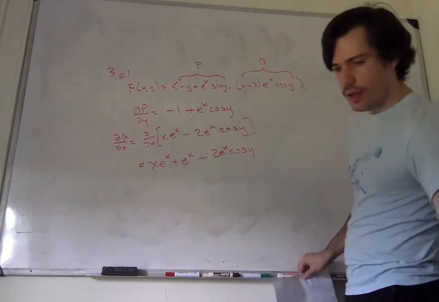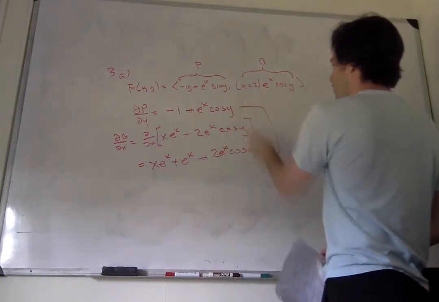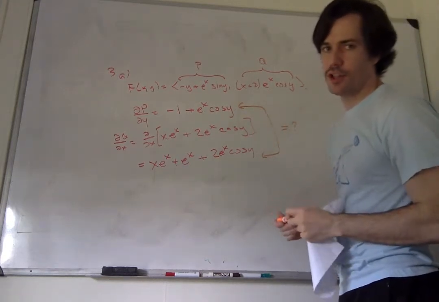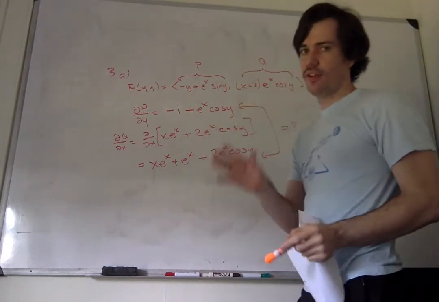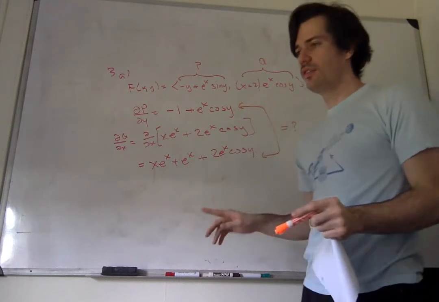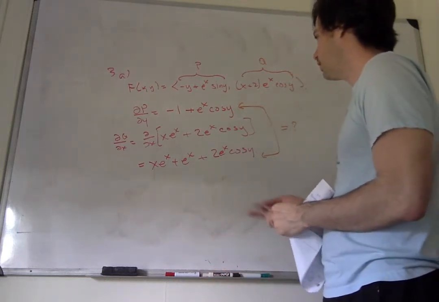Now, let's look at this. Are these two things equal? They're not equal in general. The thing is, they have to be equal for every single value of x and y, so you just have to find one set of values that makes them not equal. So let's look at it for a second.